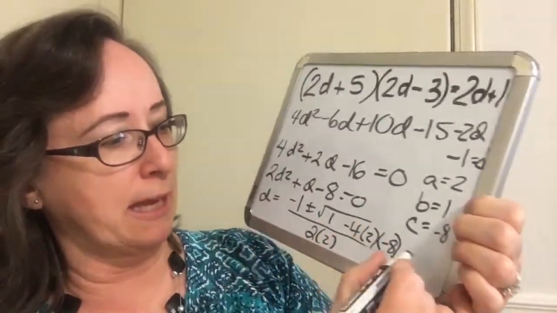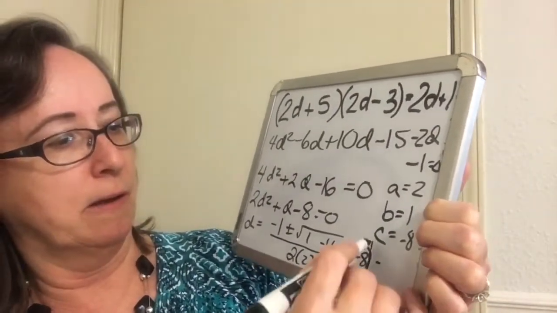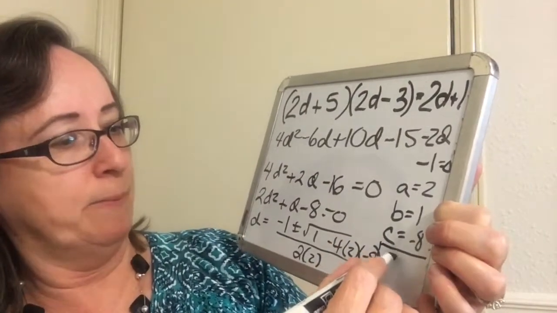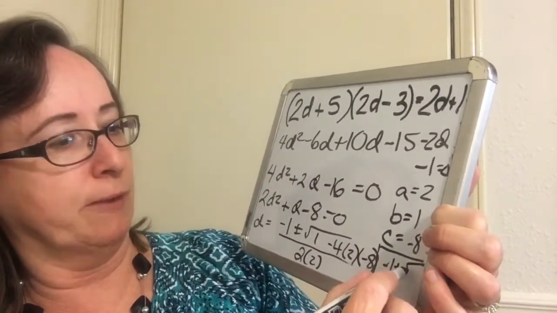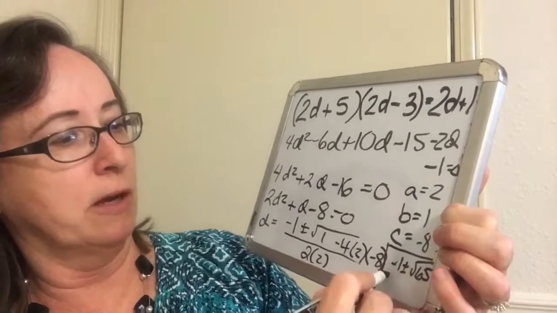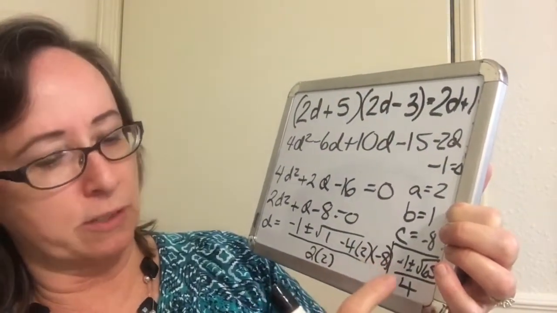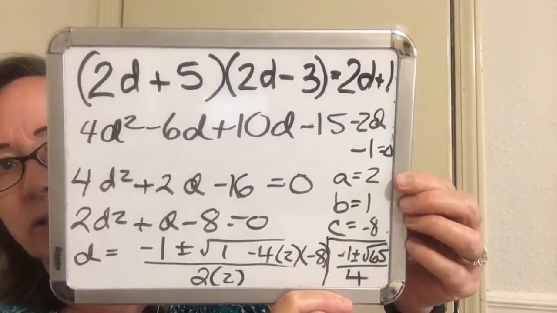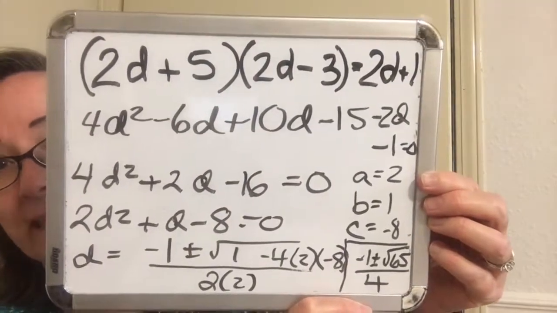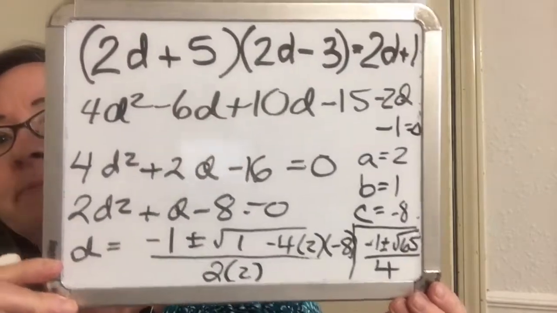So this whole thing becomes negative 1 plus or minus the square root of 65 over 4. Okay, negative 1 plus or minus the square root of 65 over 4, and that is the correct answer. So d is equal to all of that right there.